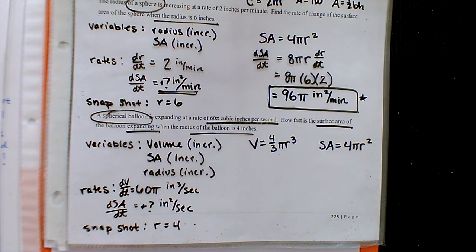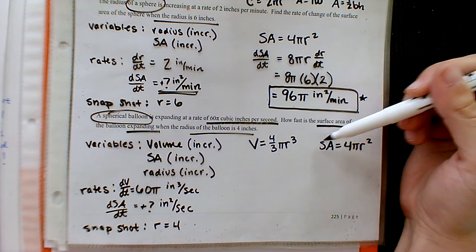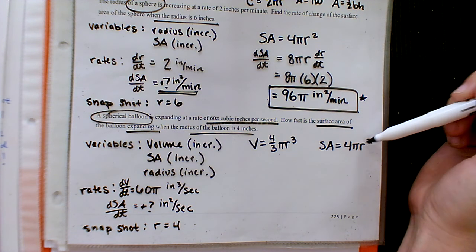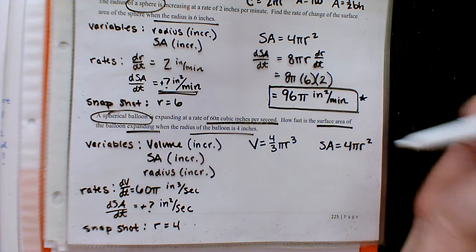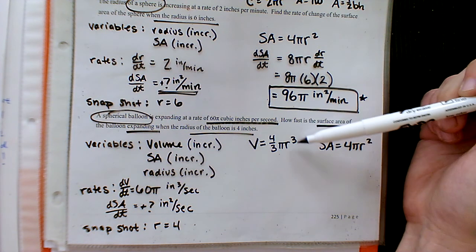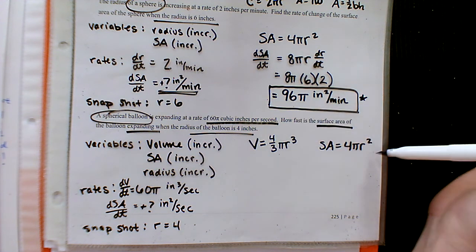No. Okay, so it looks like the R is the issue, so let's see if we can get around that. If we're trying to figure out the rate at which surface area is changing, we will have to know a dr over dt, right, to fill that in here. So maybe we can use this equation to help us figure out dr over dt. That way we can plug it in here. Do you think we can do that?